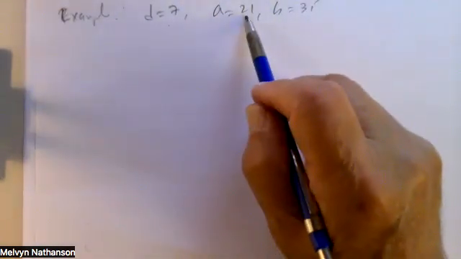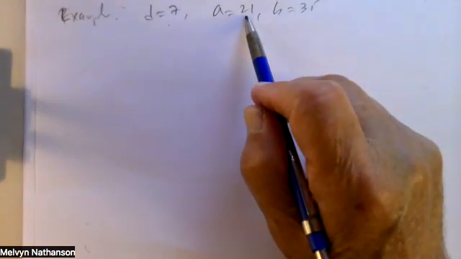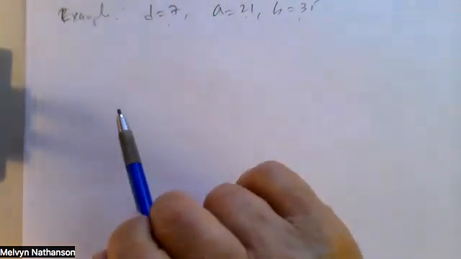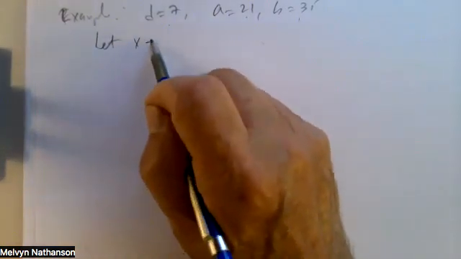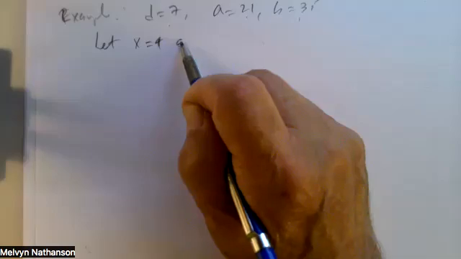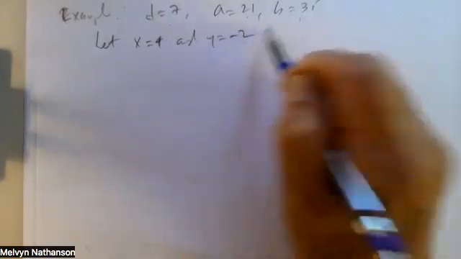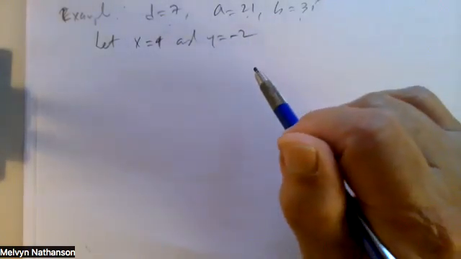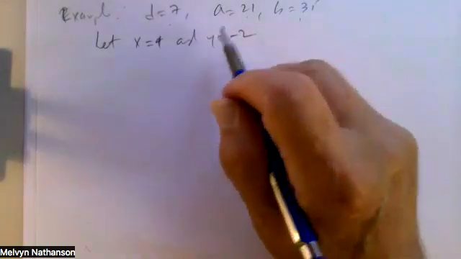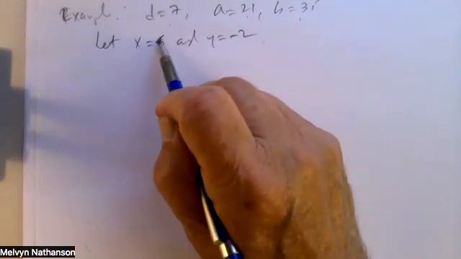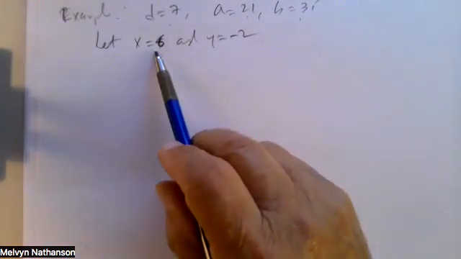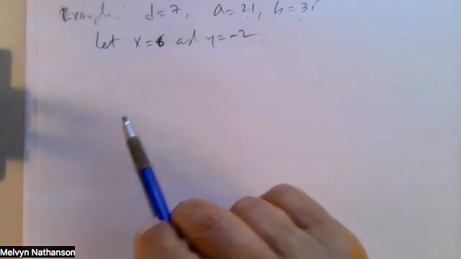So 7 divides 21, and 7 divides 35. Suppose I let x equal 6 and y equal -2.